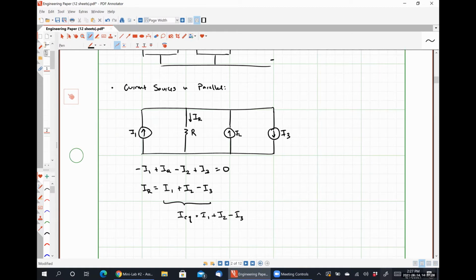So if I had a system like so, where I had a 3 amp source up, a 2 amp source down, and some resistor here, the resistor would see a total of 1 amp of current flowing through it.